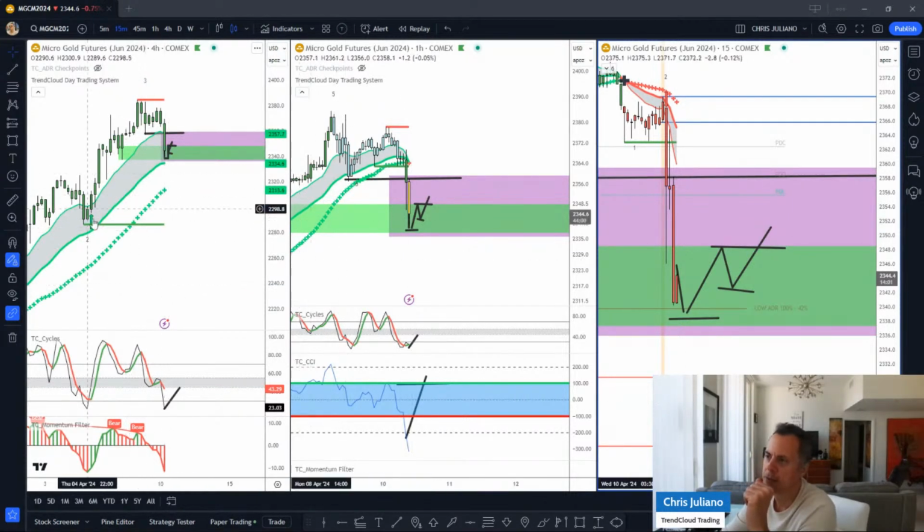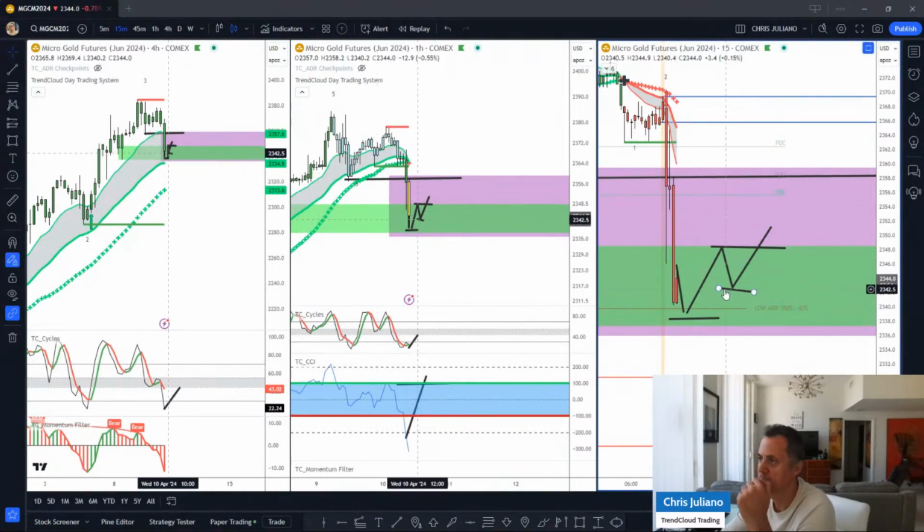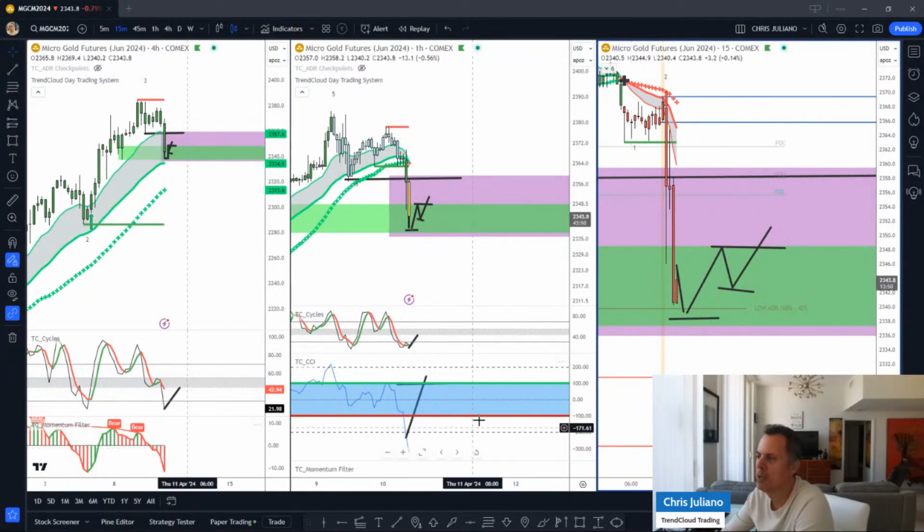Trend on the high time frame and middle time frame needs to be up in order to take this demand zone. Momentum on the high time frame and momentum on the middle time frame needs to be up in order to take this demand zone. And they are clearly not.